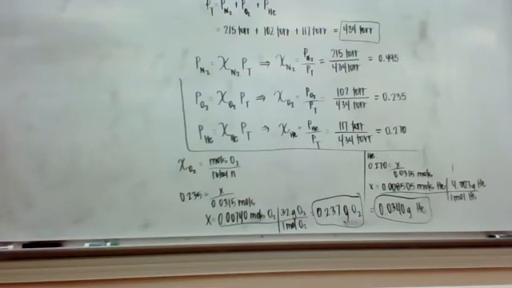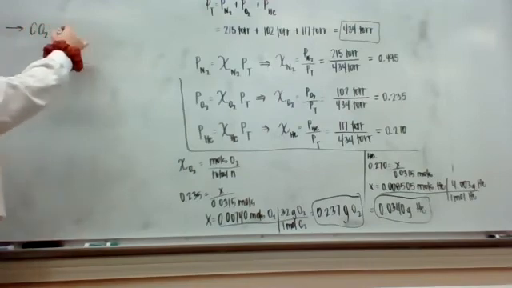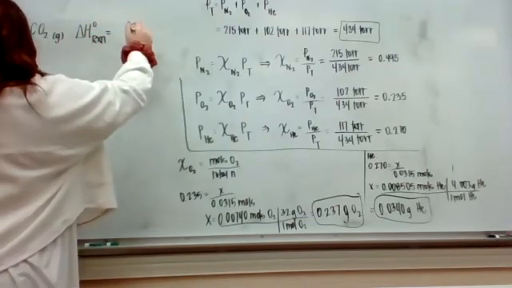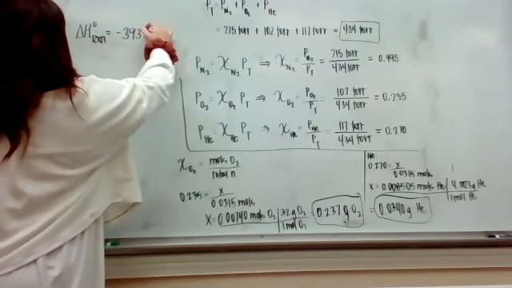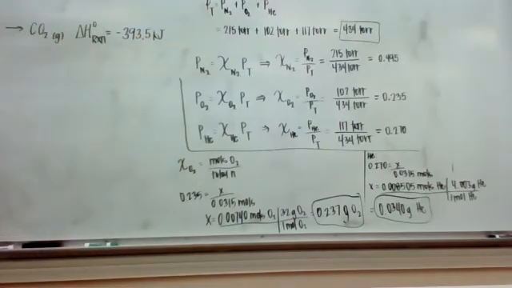All right, so we're given the equation, and we're asked to find the mass, so grams, of CO2 if we want to produce 5 times 10 to the 2 kilojoules of heat.